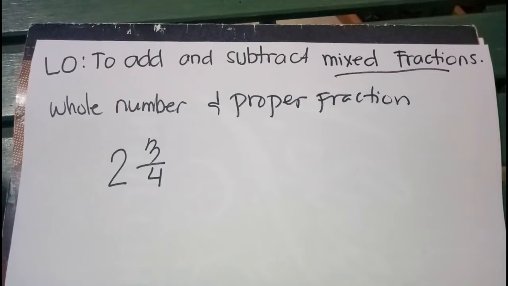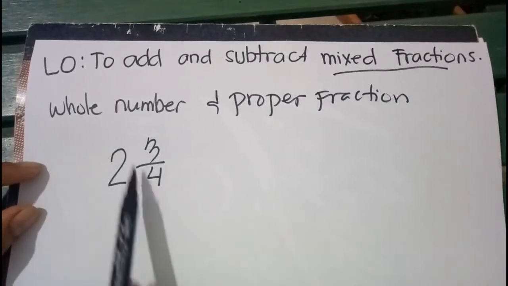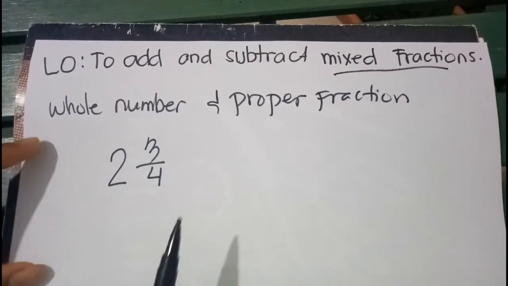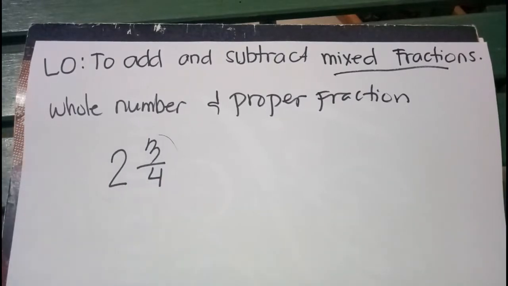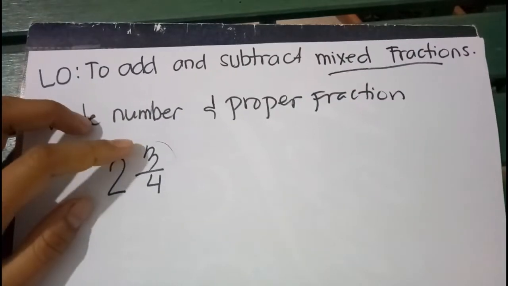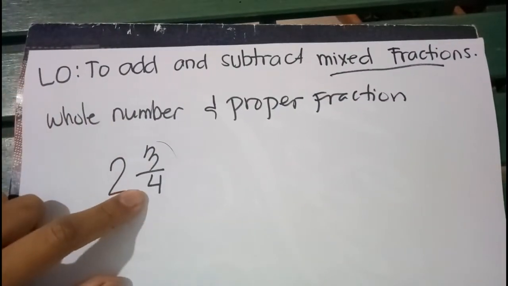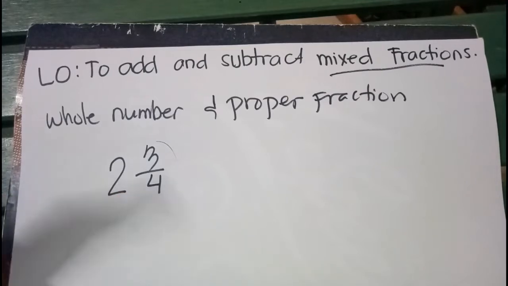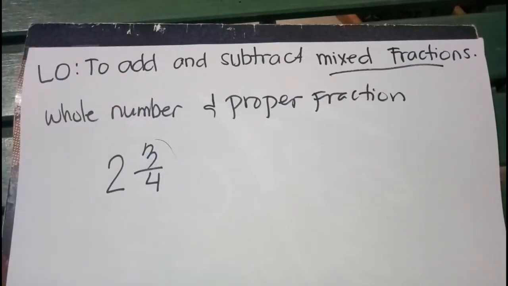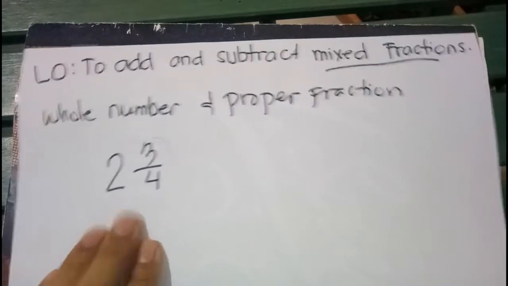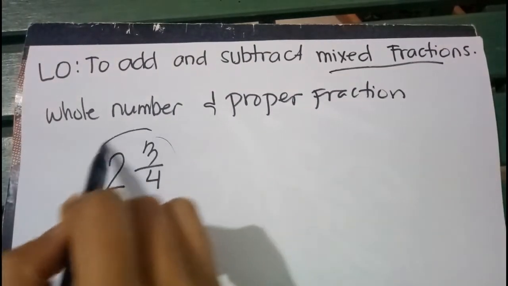Our whole number here is 2. That's whole, it's not divided. And our proper fraction here is 3/4. We call it a proper fraction because 3 is smaller than your denominator 4. It's a proper fraction if the numerator is smaller than your denominator. So this is an example of a mixed fraction.